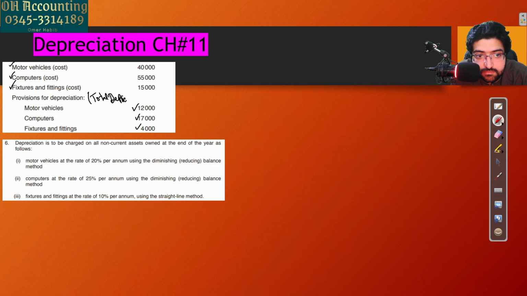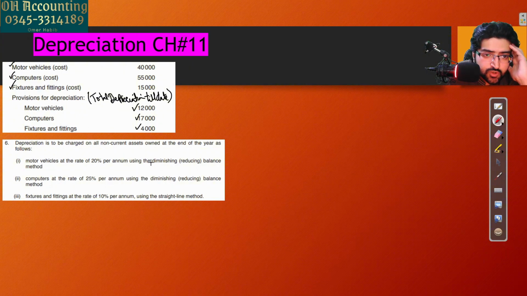And these provisions for depreciation, in simple words, is the total depreciation till date. How much value they have lost till now. This is to show you how much value your motor vehicle, your computers and fixtures and fittings have lost during the years.